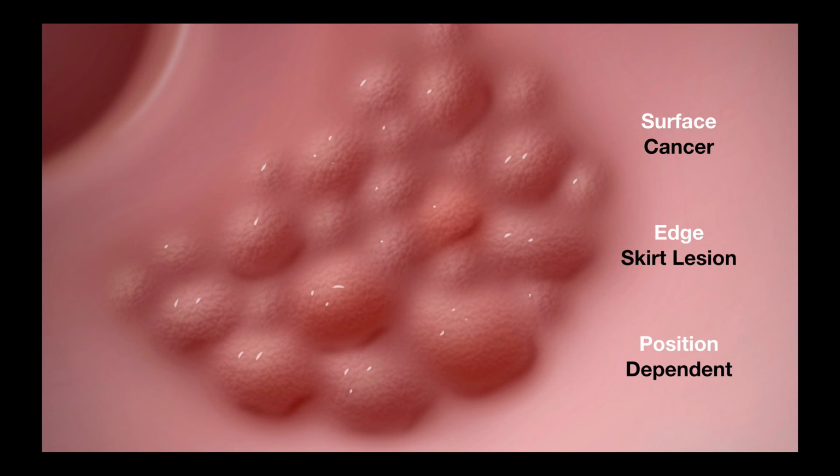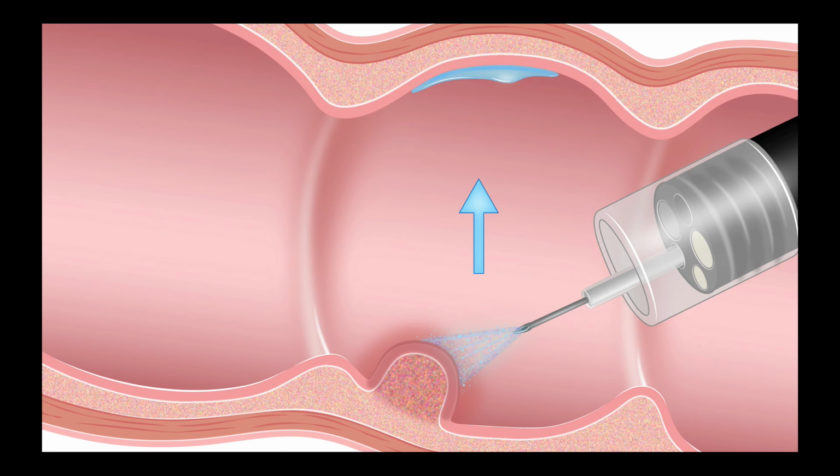So in order to avoid this problem, before you start the resection, you spray saline with methylene blue or indigo carmine and see where the fluid puddles. If the lesion is not dependent, the fluid moves away to the other wall.